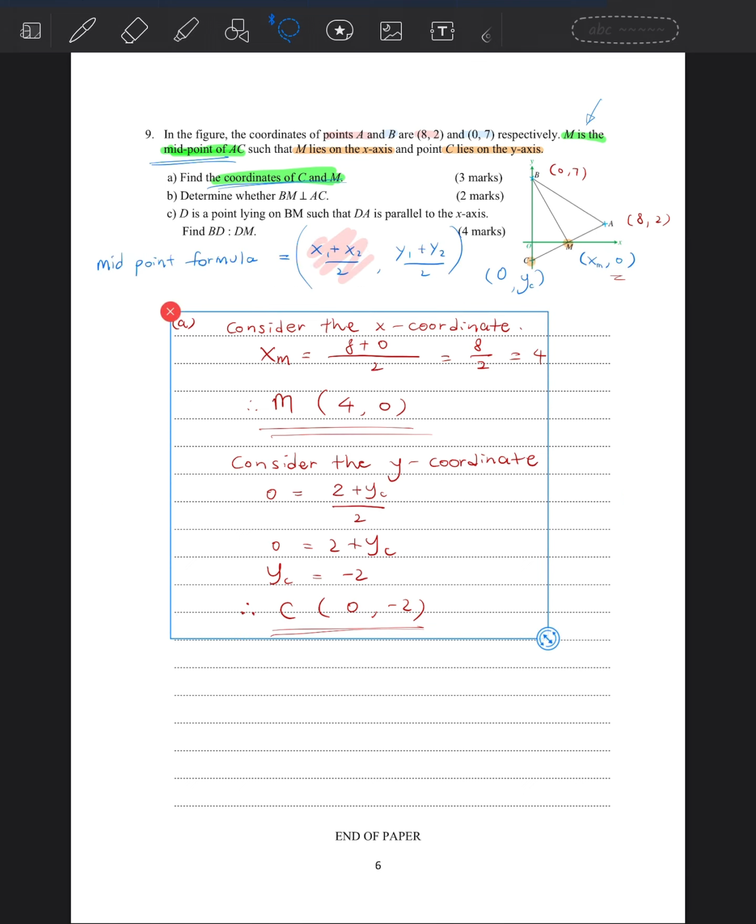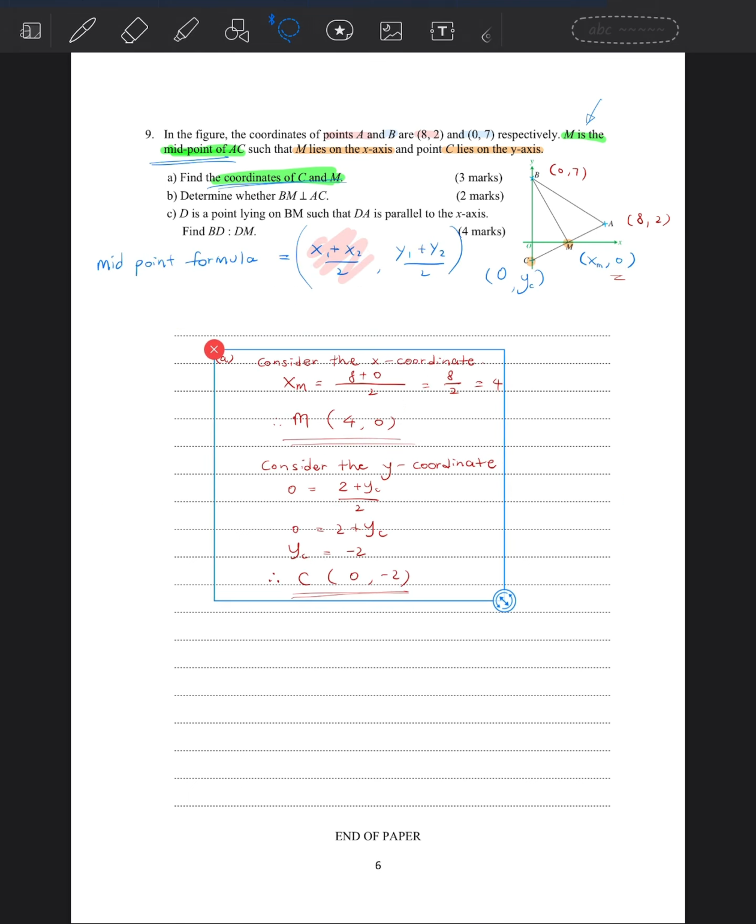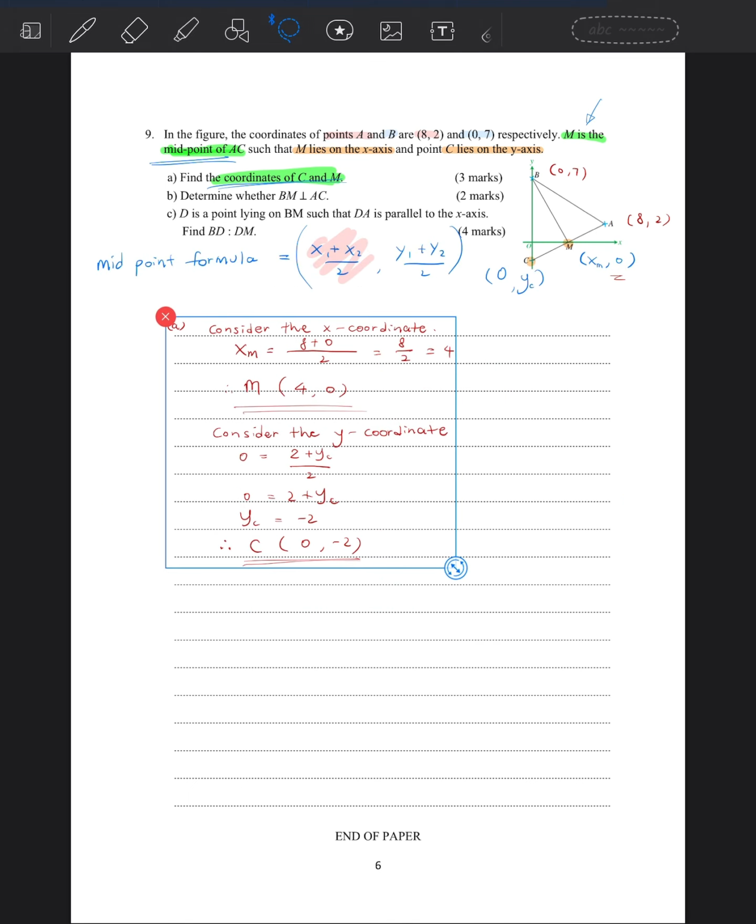And then the next part, it asks you to determine whether it is perpendicular. So when you look at perpendicular, you immediately think of, use another color, gradient of BM times gradient of AC. It is equal to negative 1. So it asks you to determine.